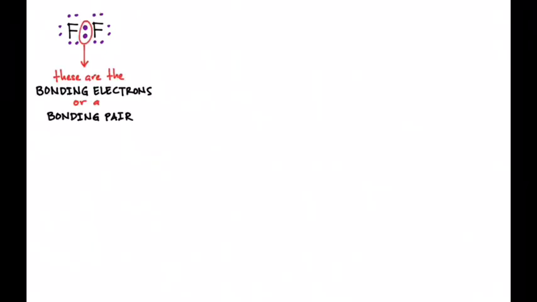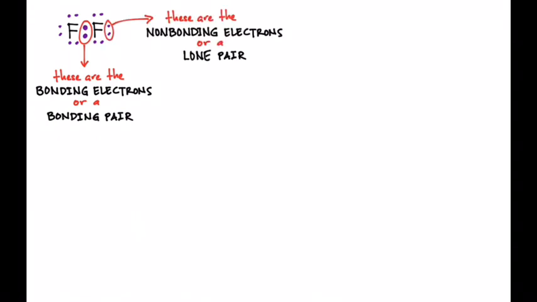And these two electrons right here that are being shared by the two fluorine atoms are the bonding electrons, because those are the electrons that are involved in bonding. And we call this a bonding pair. And all the other electrons that are not involved in the bonding are called non-bonding electrons, or lone pairs.